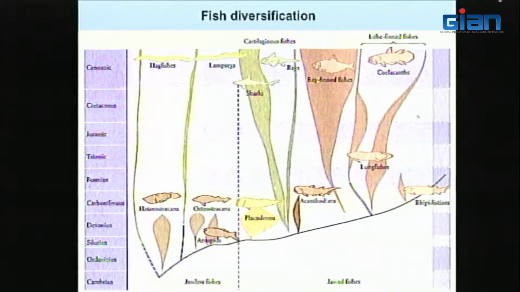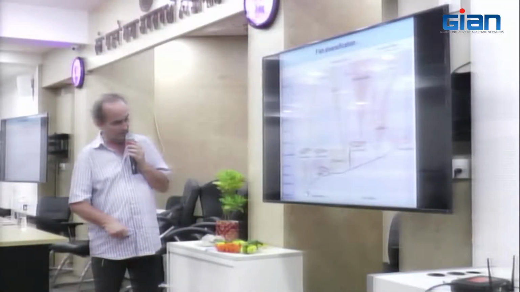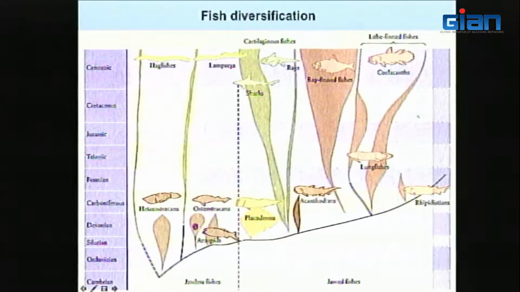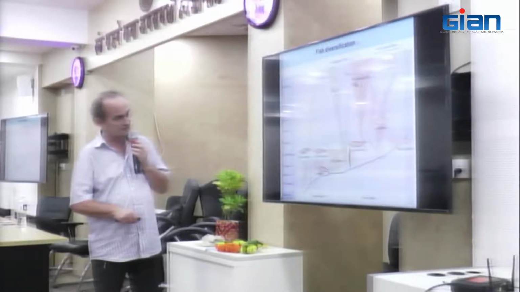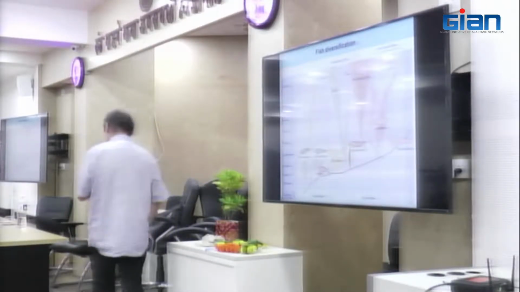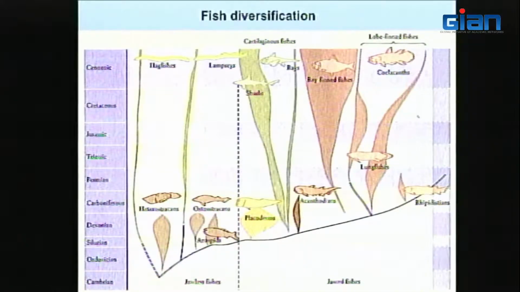You can see that we have, during the Silurian and Devonian, more or less originating from jawless fish, jawed fish, and we have many kinds of fish arriving, essentially the placoderms, and from probably these armored fish, which were, as you will see, quite terrific, big guys, probably we get the sharks and the rays. All these fishes here are clearly more mobile and faster than, for example, the placoderms.